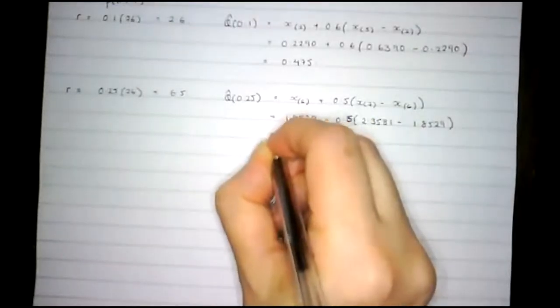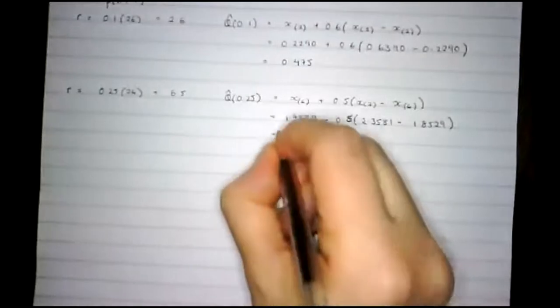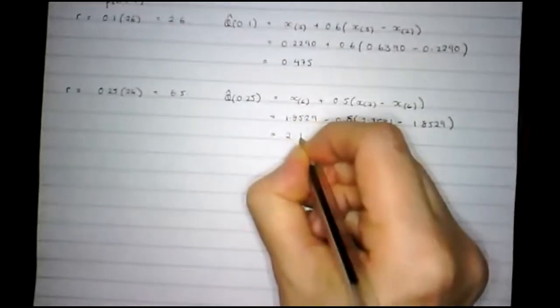And then we also wanted half of the difference between the first element on the second line and the final element on the first line. So 2.3581 minus 1.8529. And the final number that you should have got when you plug those in is 2.105.